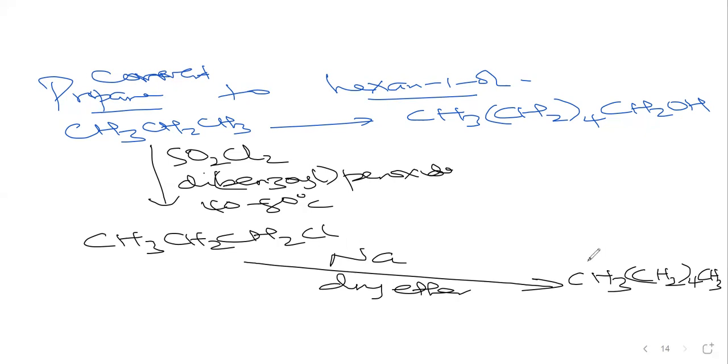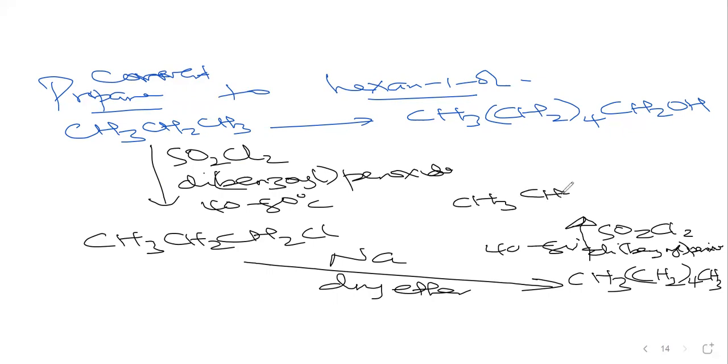And then you still have to do the same reaction: sulfuryl chloride, dibenzoyl peroxide at a temperature of 40 to 80 degrees Celsius. That will give you CH3(CH2)4CH2Cl. Then here, you can do your last step using sodium hydroxide.